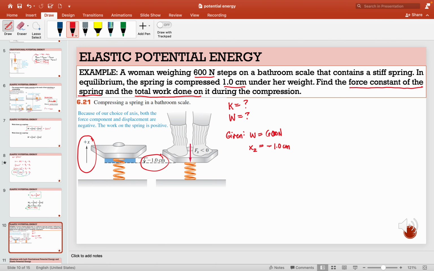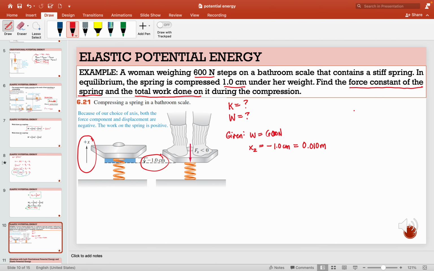So that's why we have negative 1 centimeter. Now, we still need to convert negative 1 centimeter into meters. So negative 1 centimeter in terms of meters is equal to negative 0.010 meter.